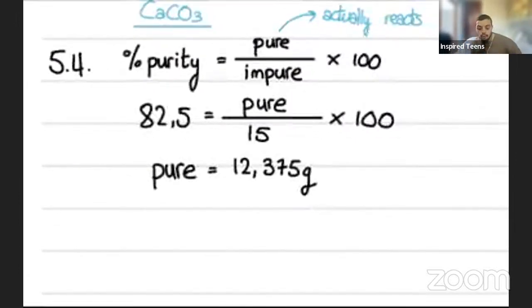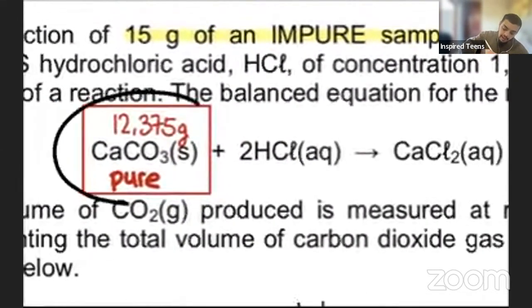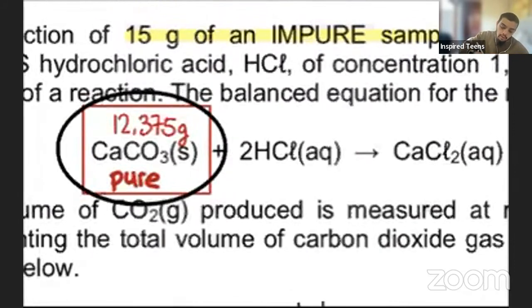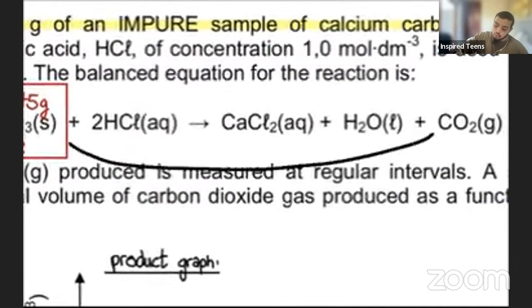Okay, so now we know the pure is 12.375, so 12.375 grams of CaCO3 actually reacted. Now we can convert this to moles and then get the amount of CO2 that was produced, because that's ultimately what we want.